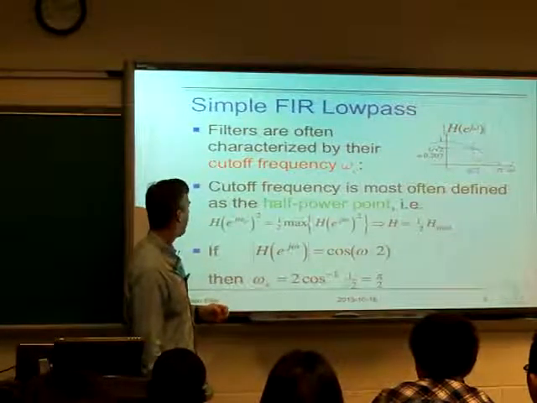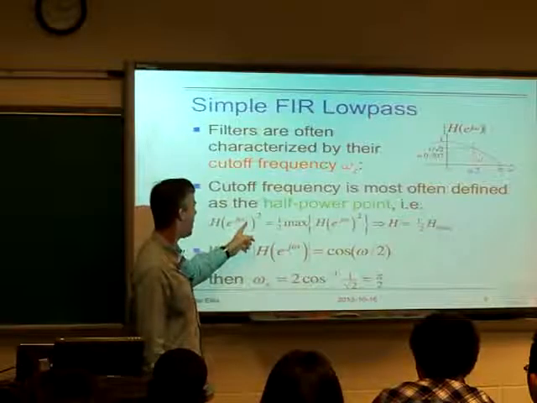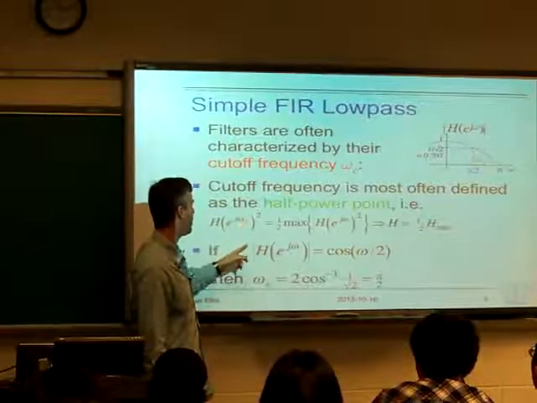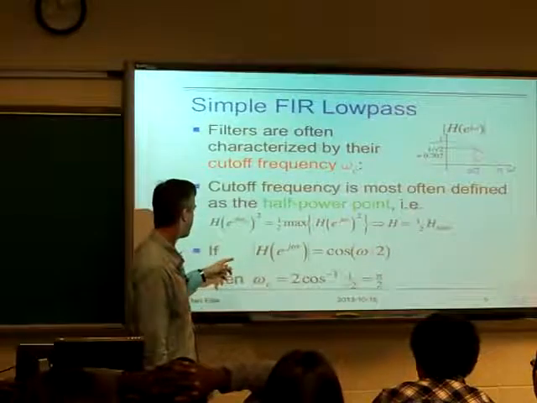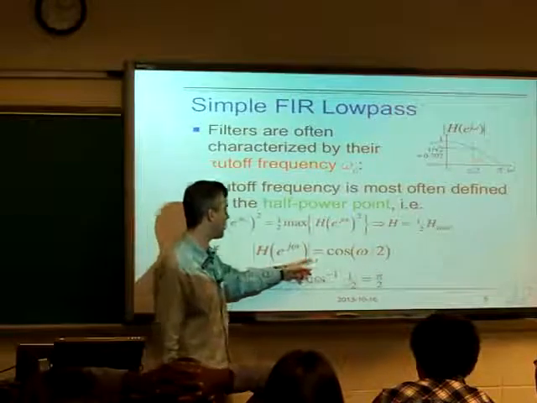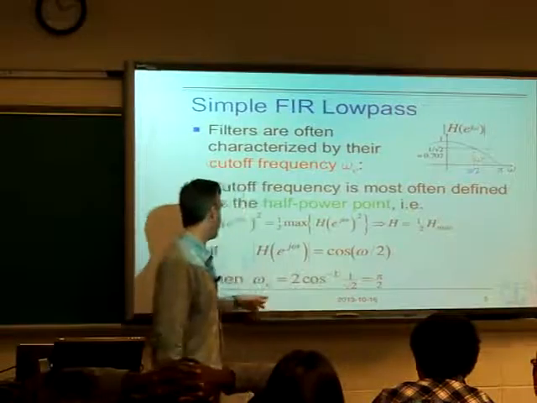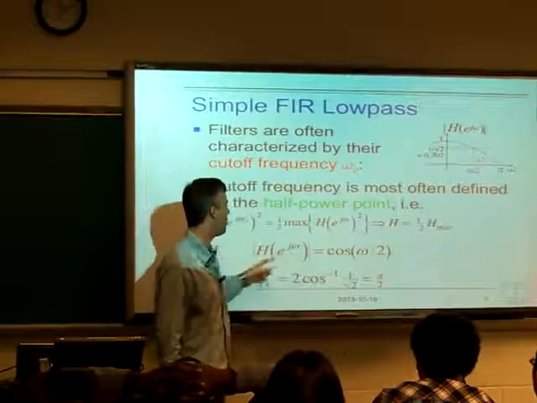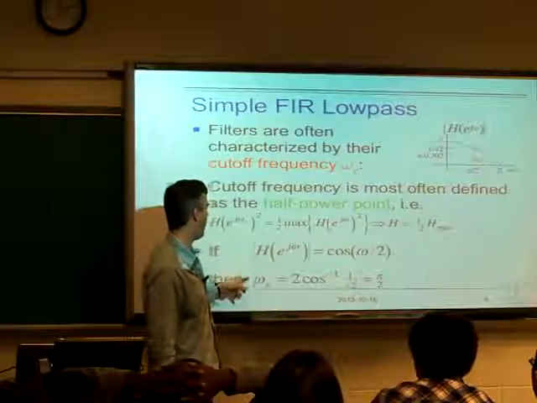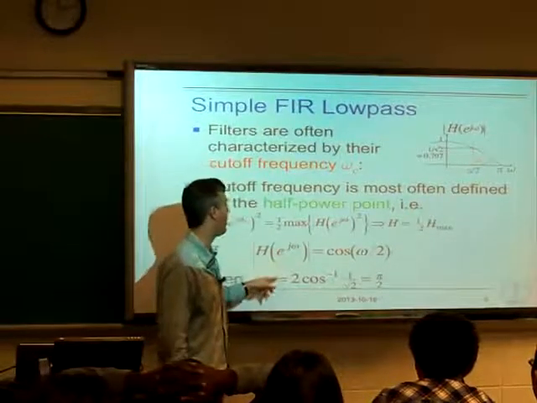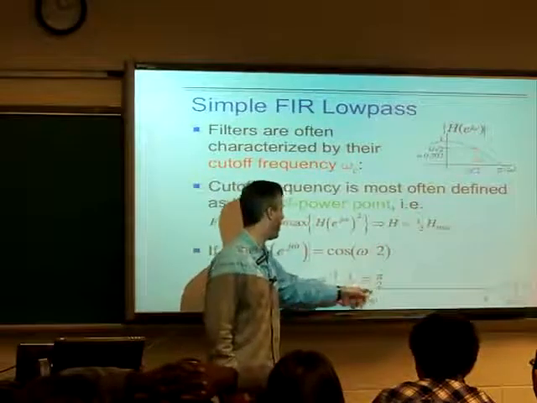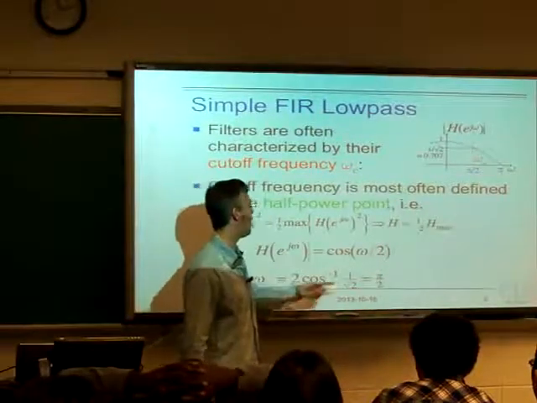And we can solve for the omega c where this occurs by plugging in our magnitude of H(e^{j omega}). It's cosine omega on 2. So if we set that equal to the square root of a half, then that turns out to be omega is pi on 2.